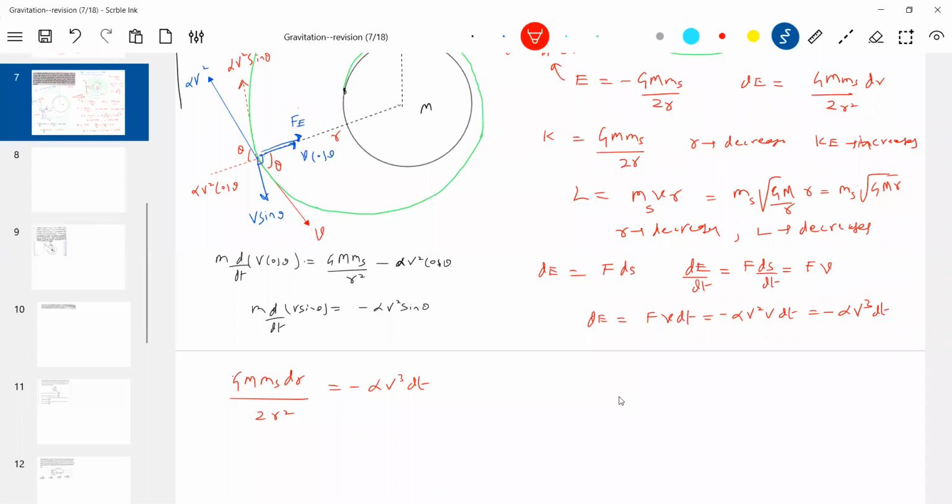Okay, let's solve this. What is the expression for V? Orbital speed. G M ms by 2r square dr, equal to minus alpha times V cubed, where V is root of G M by r, so r to the power of 3 by 2.